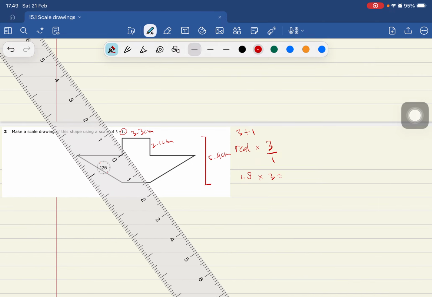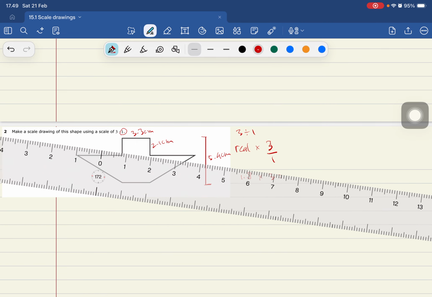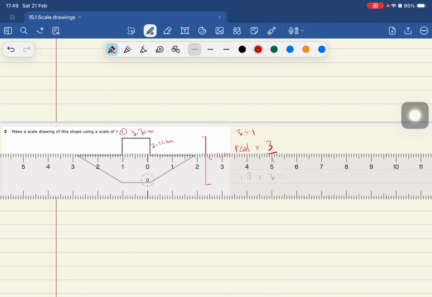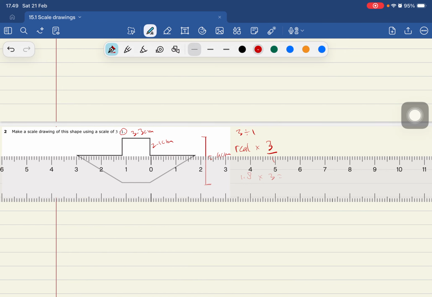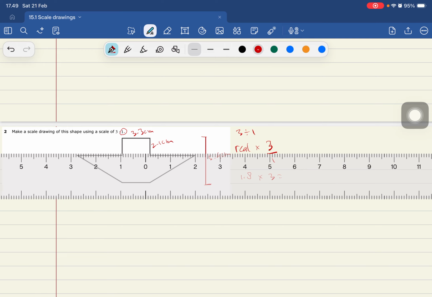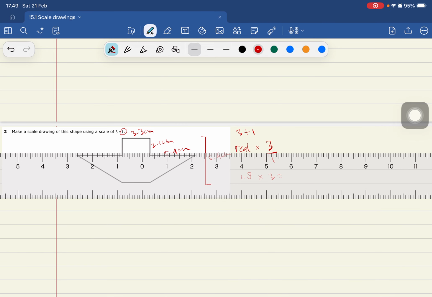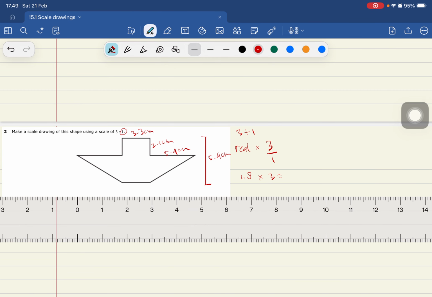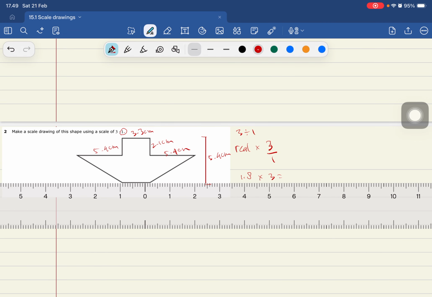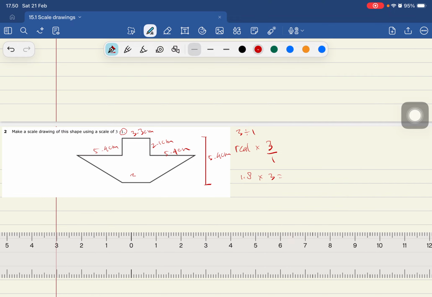Okay, let's see here. 1.8 is also 5.4 centimeter. Here is 1.8, multiplied by 3, 5.4 centimeter in the scale drawing. And last here is 1.1 multiplied by 3, so 3.3 centimeter.